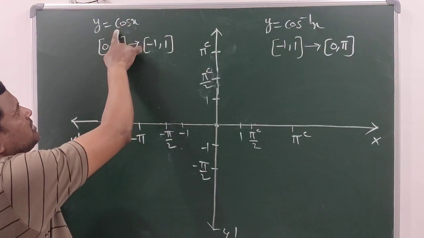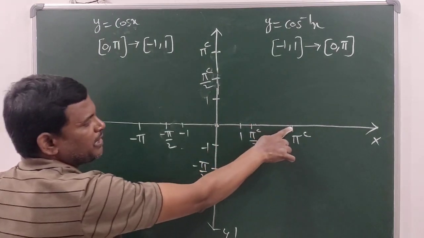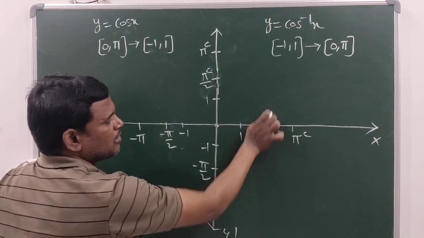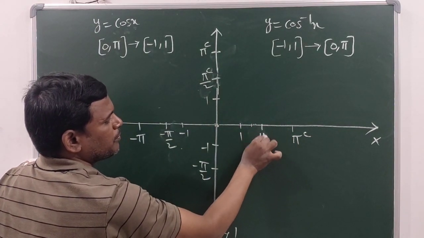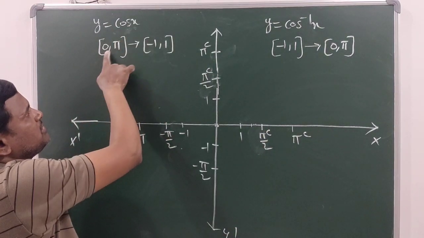Now first let us see this graph. The domain is 0 to pi.